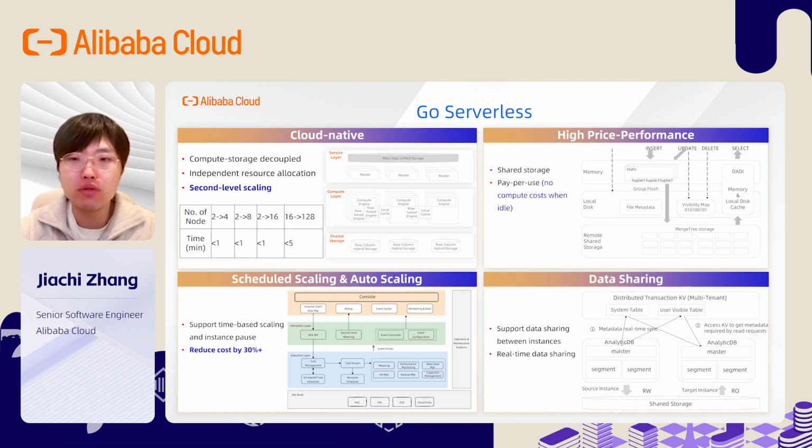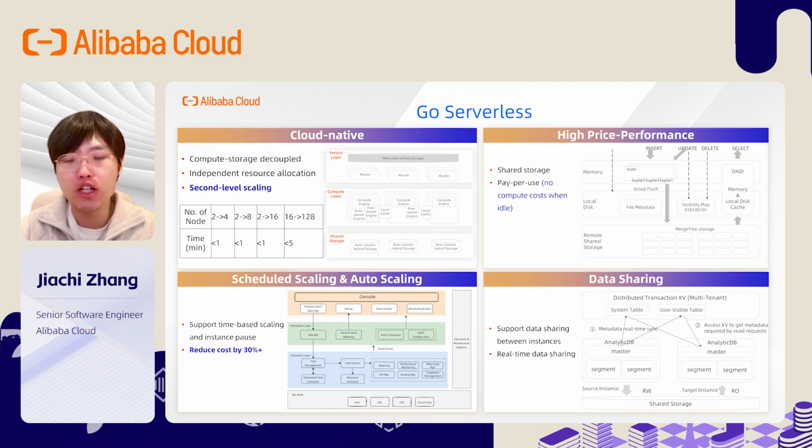The shift to serverless brings significant advantages. The first advantage is the cloud-native, compute-storage decoupling. It allows independent resource allocation and second-level resource scaling. The second advantage is the high price-performance ratio.